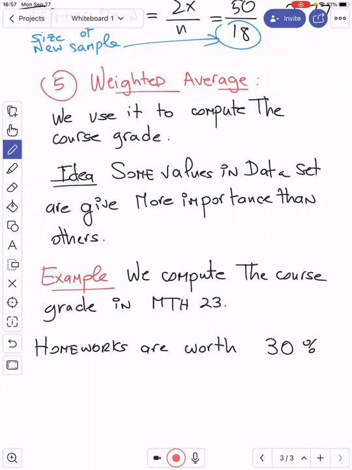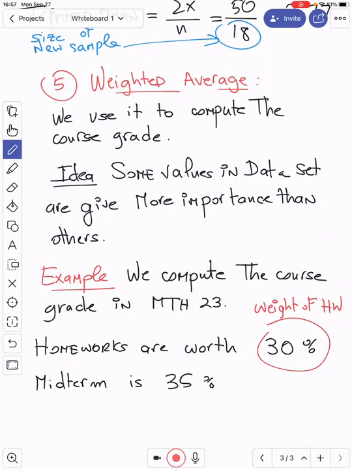Then let's say the midterm is worth 35%.